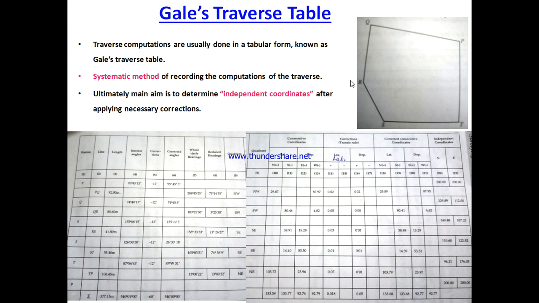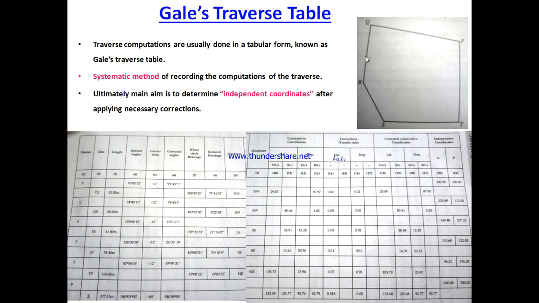Because you have considered the north-south system here. Or you can plot the north-south axis and east-west axis, and you will find that line QR is lying in quadrant 3, that is the southwest quadrant.